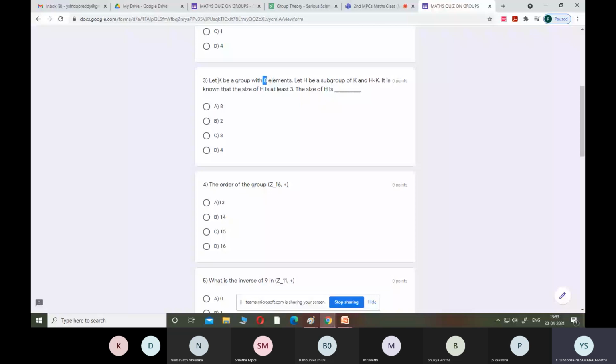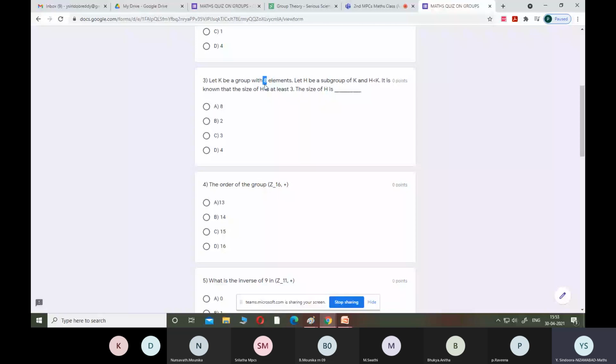Always remember only one thing: whenever H is a subgroup of K, the order of H should divide the order of K. I am given the order of K is equal to 8. Then what is the order of H? It should be divisors of 8, right? What are the divisors of 8?